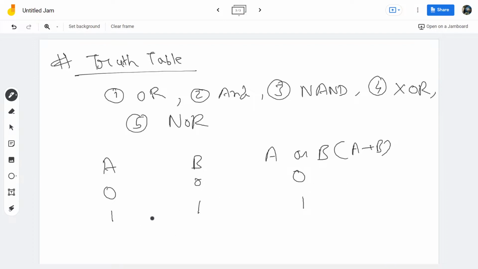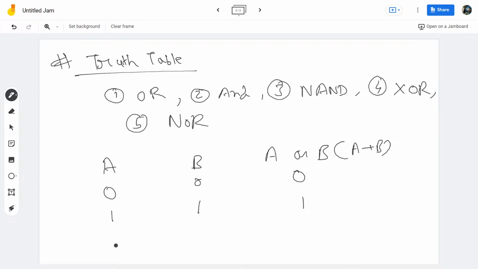We are not really adding, we are just looking at the output: in case of OR, if we are getting any output besides 0, then we give that 1 instead.